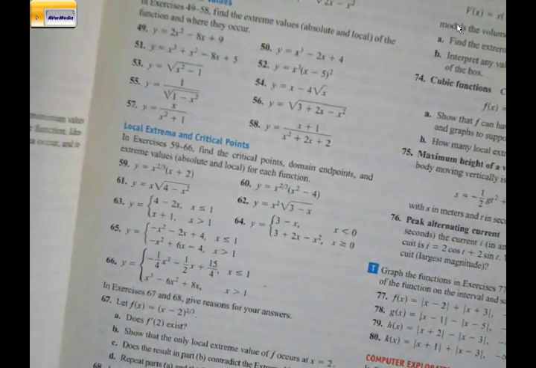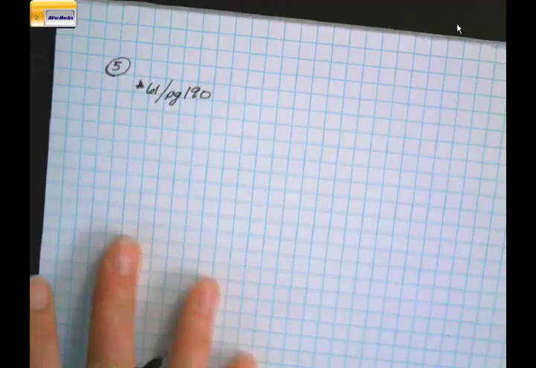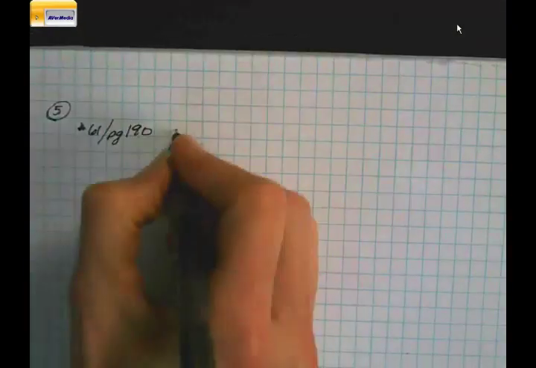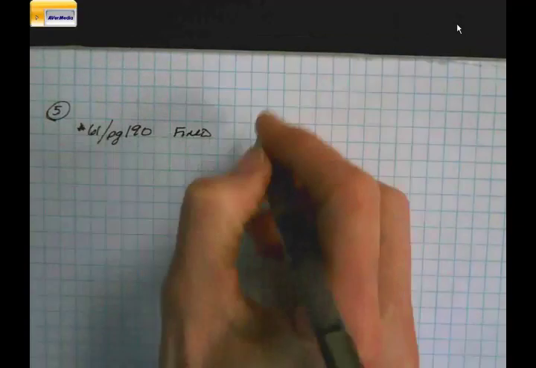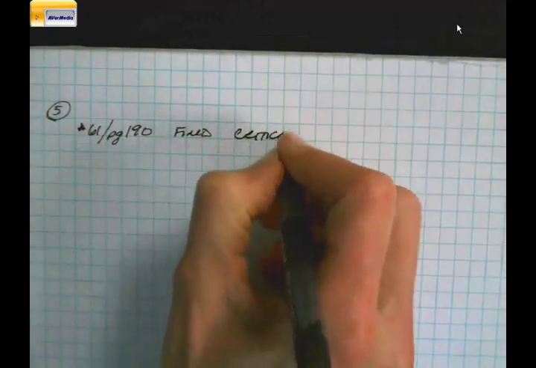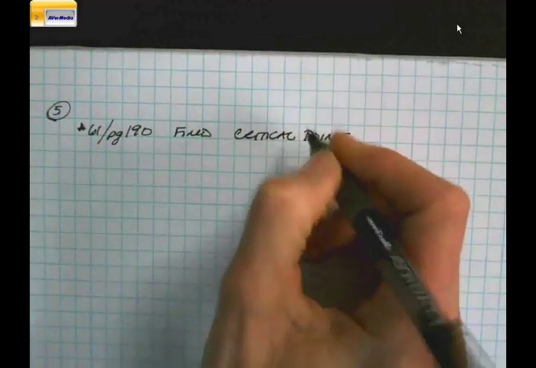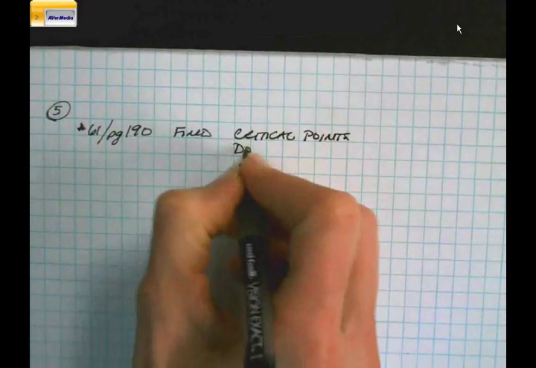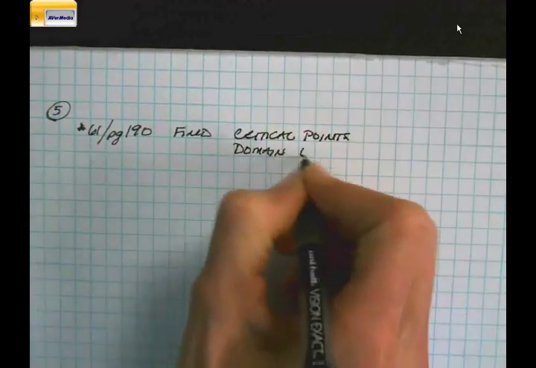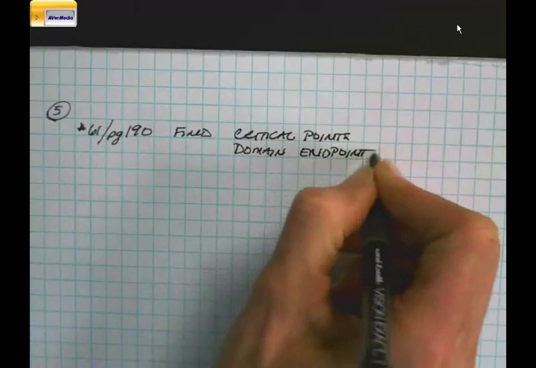And which one did I pick to do? Number 61, this one right here. Okay, so here's what the question says. Find the critical points, then it says to find the domain endpoints. I've got to figure out what they're asking there. That's an interesting question. The domain endpoints.